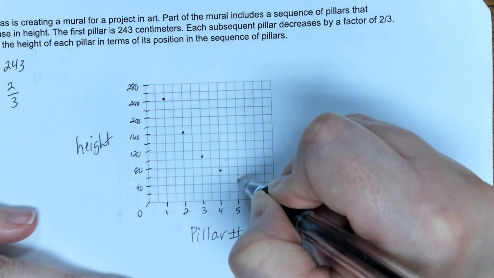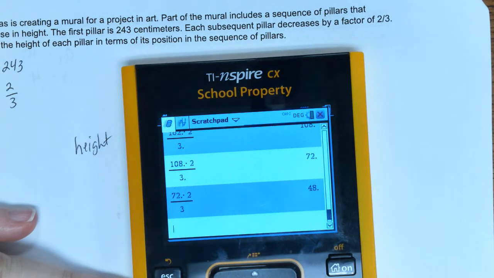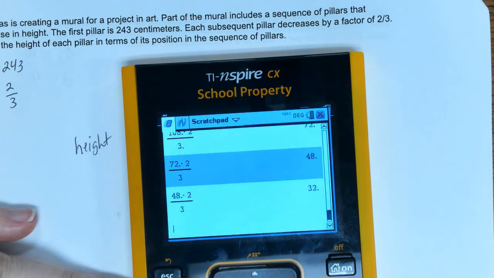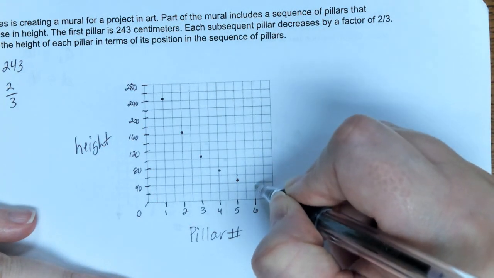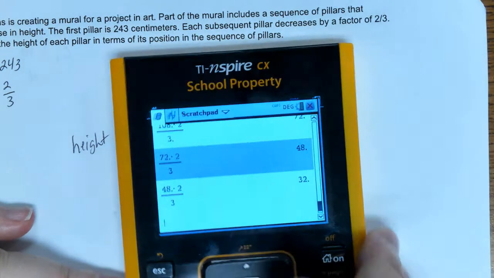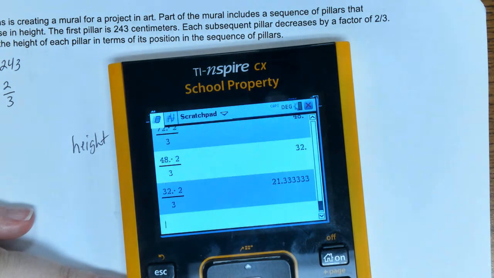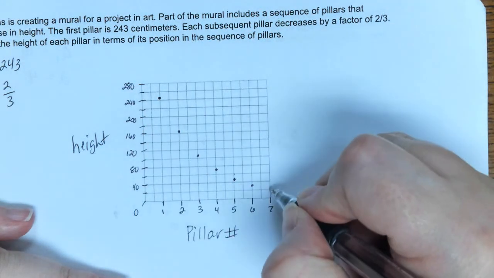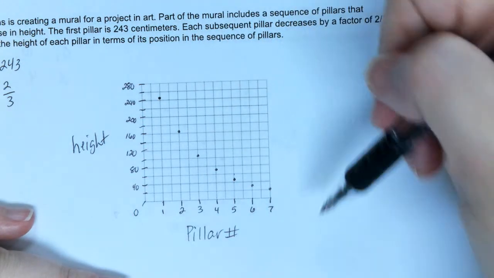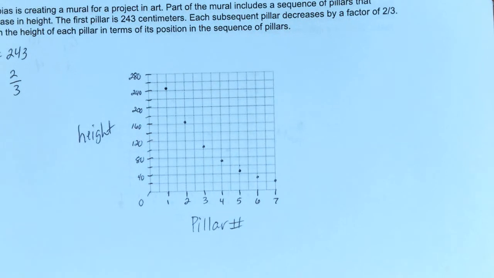I'm just going right below that. Times 2/3, that's 32. So here's 20, 40, 30's in the middle, so just above that. One more time. Times 2/3. And we get 21, just over 21. So notice how it's curved because it's not a linear function.